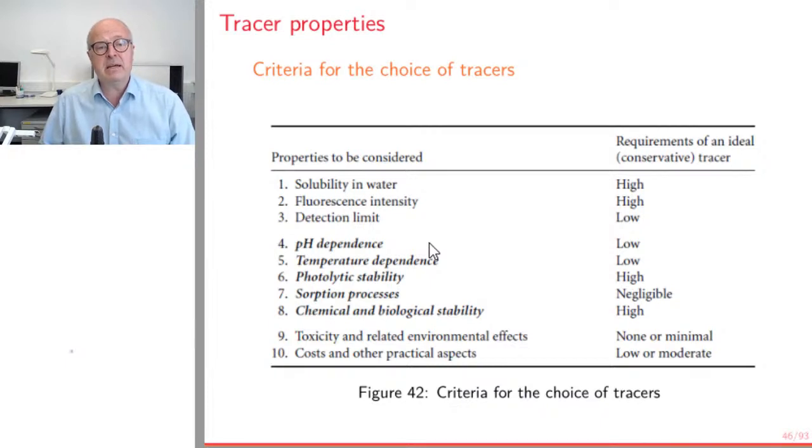You can get it back by increasing the pH. So if you have all these characteristics, you have a perfect, ideal, or we also say conservative tracer. Yeah. So conservative means it doesn't change. It's not political. So ideal tracers or conservative tracers have these 10 properties.